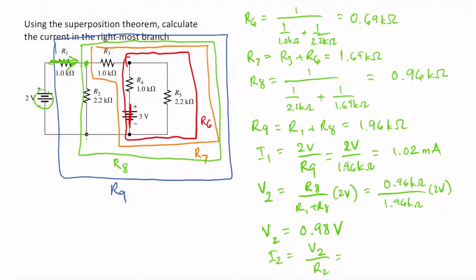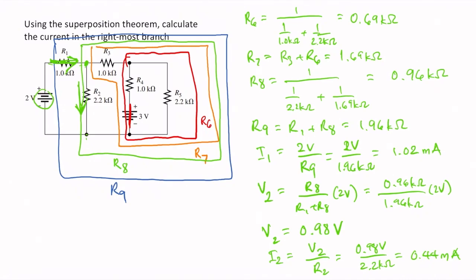R2, I2, is equal to V2 divided by R2, which is 0.98 volts divided by 2.2 kilo ohms, or I2 is equal to 0.44 milliamperes. So we have 1.04 milliamperes going through here and then 0.44 milliamperes going through here. The rest is going to R7.